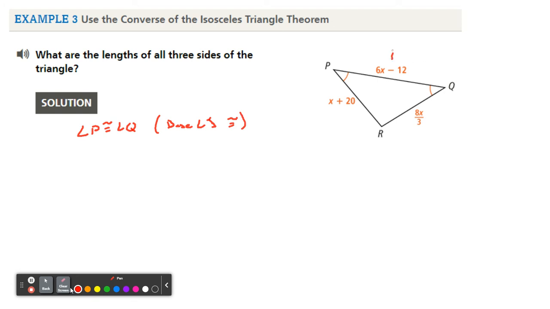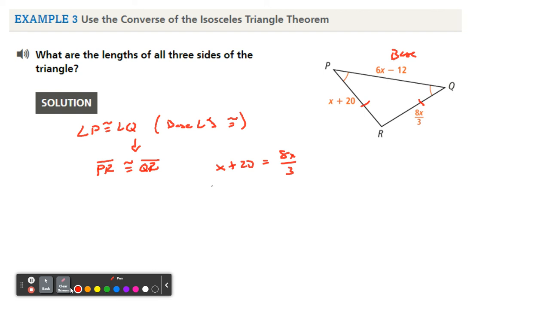So this 6x minus 12, that's the base, which means that the other two sides, PR and QR, must be congruent. Those two sides are congruent. So we set them equal to each other. x plus 20 equals 8x over 3.